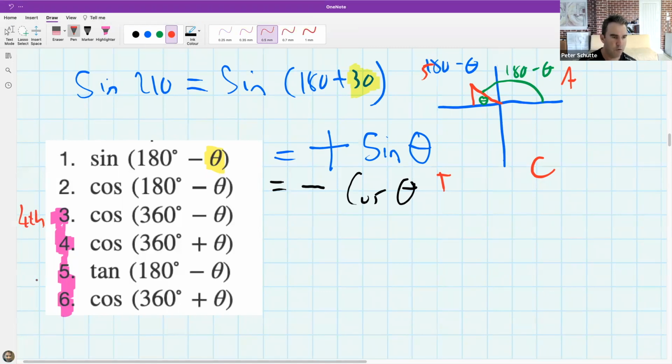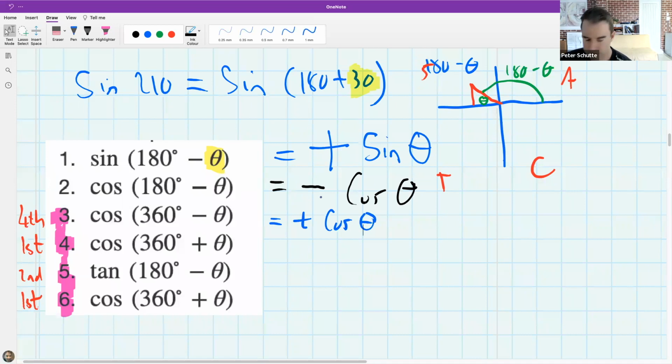So this is the 4th. I'll write the answer for 3 on the board. So that's going to be positive cos theta.